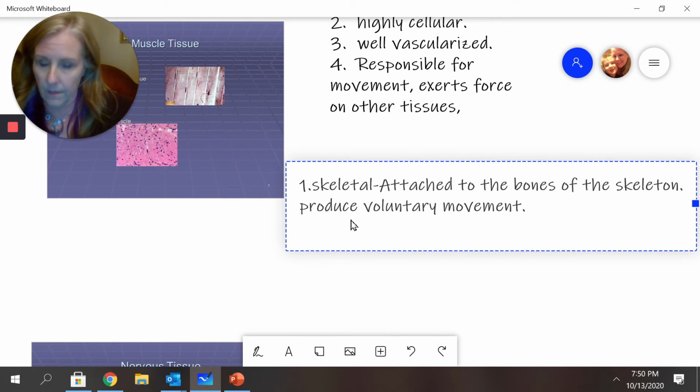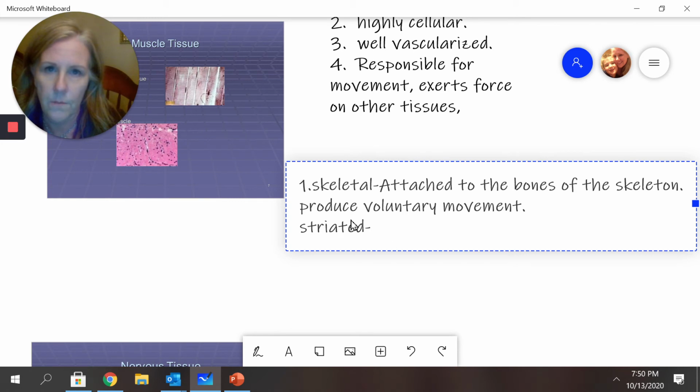Looking at that type of muscle, we have a name for what it looks like, and it's called striated. S-T-R-I-A-T-E-D, striated. Striated is another term for striped, and it got that name by what it physically looks like. If you take a look where my cursor is, I know this is a very small histology slide, but it looks striped. So it got the name of striated.